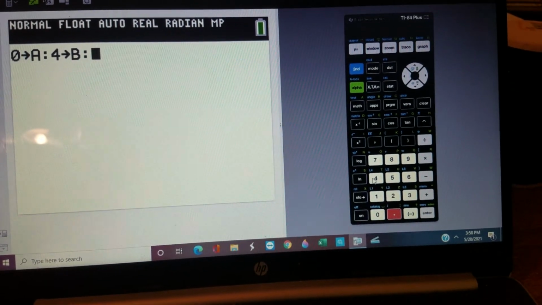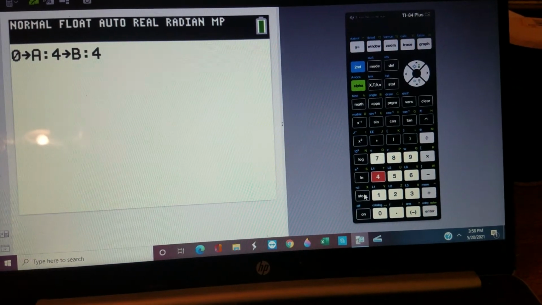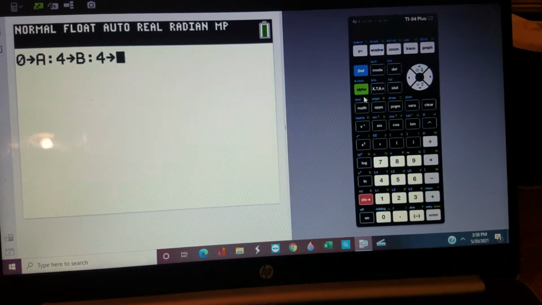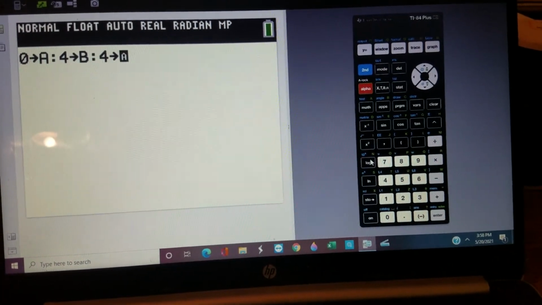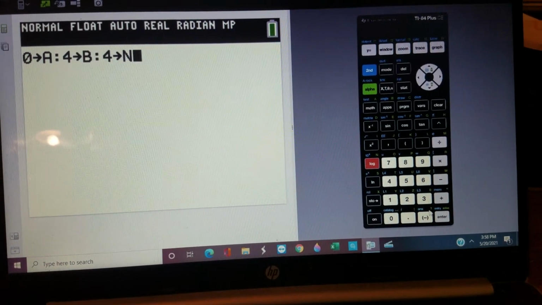And 4 is the number of rectangles, or number of partitions.